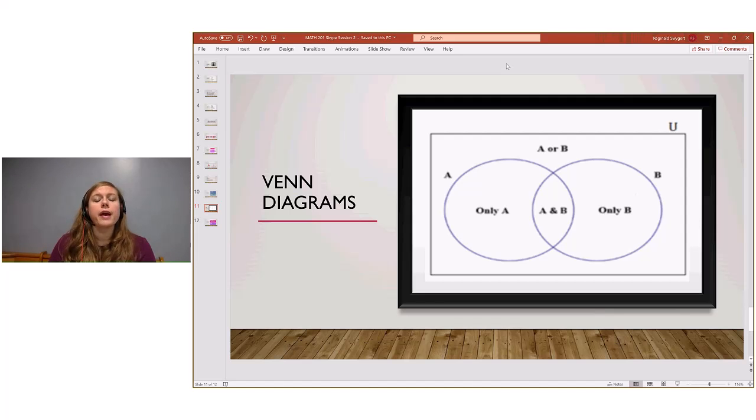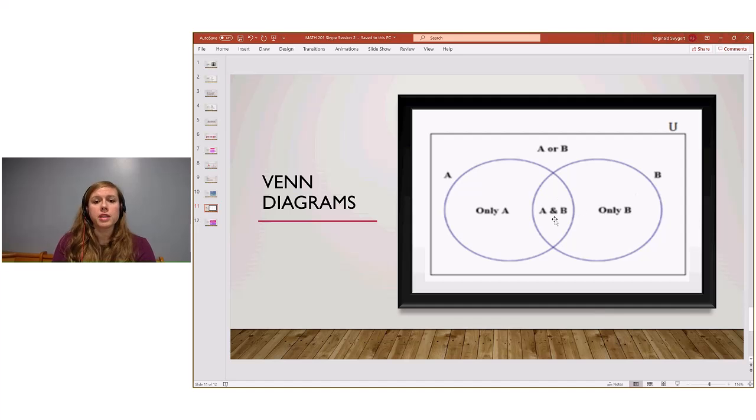But the general idea of it is that you have however many circles, depends on how many things you're talking about. So if I'm talking about two things, then I have two circles. What is in one circle? So if I look at this first example, A, this shows you how many things represent A. And then in B, it's going to show you how many things represent B. Now, if it falls only in A or only in B, you're going to see those things represented to the left or to the right.